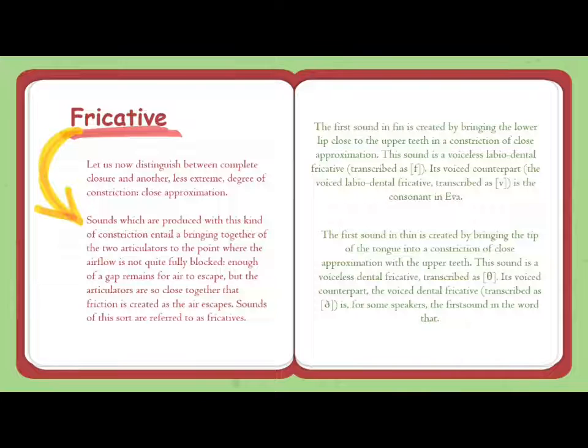The first sound in thin is created by bringing the tip of the tongue into a constriction of close approximation with the upper teeth.